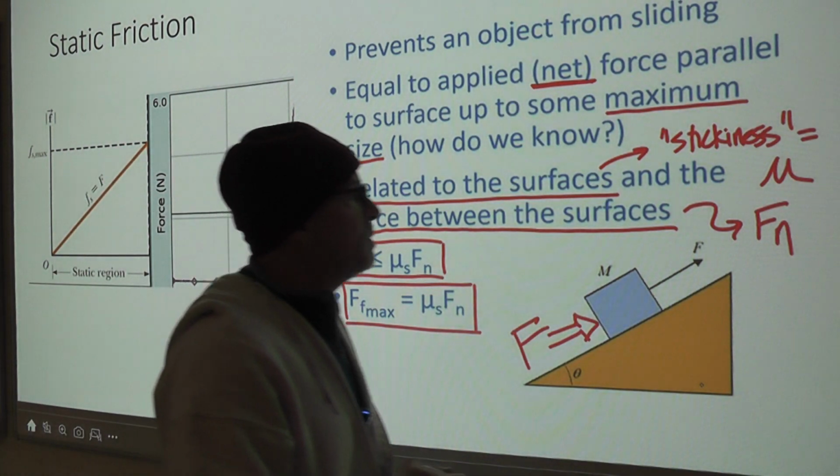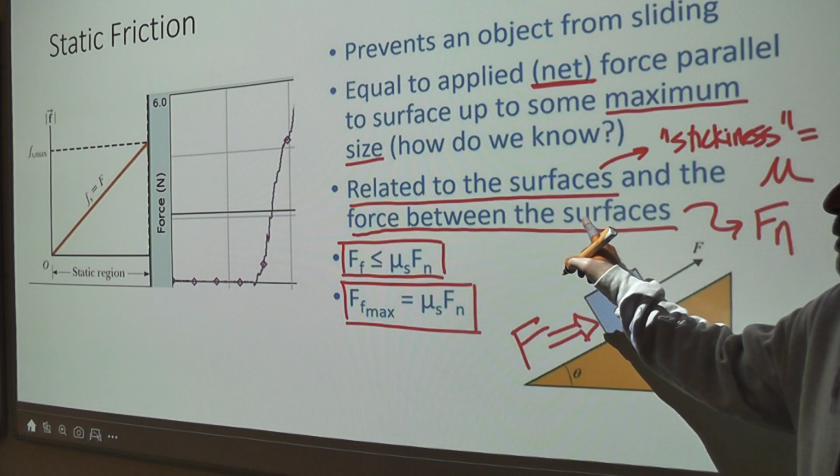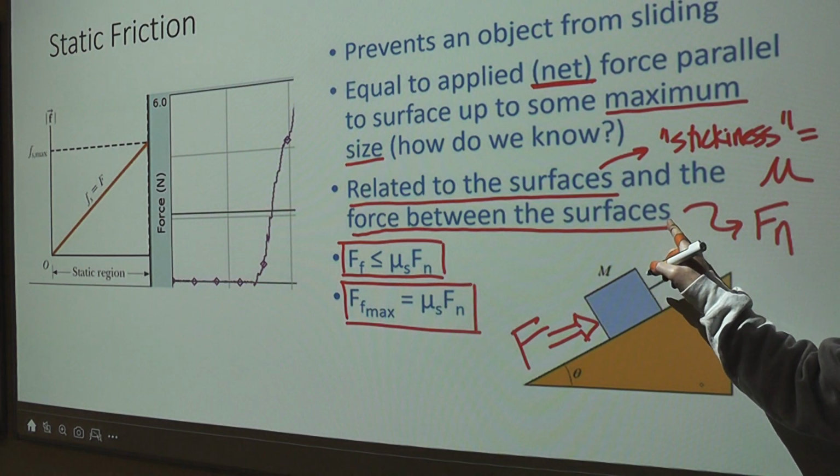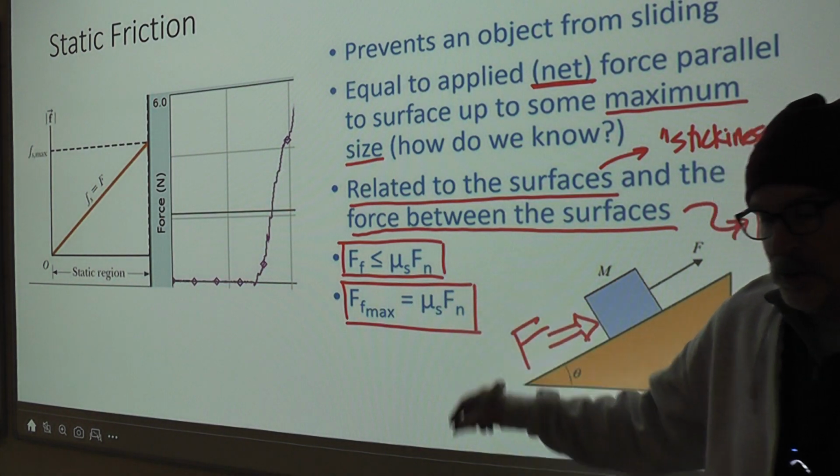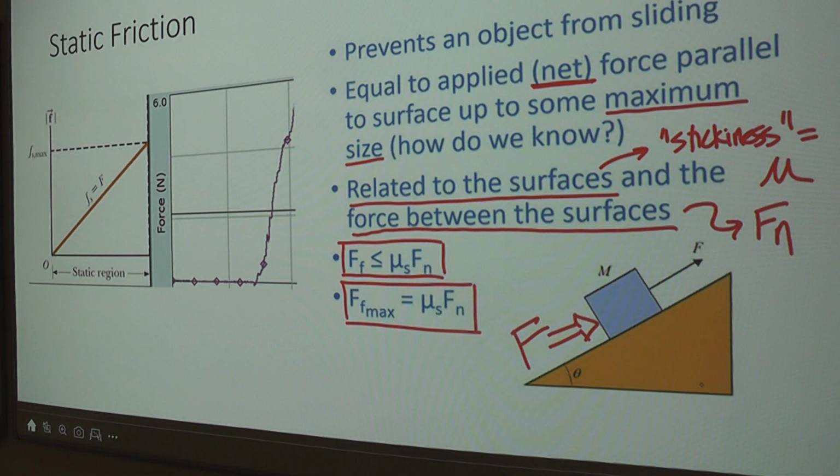If you think about this piece right here, we can decrease friction by decreasing the force between surfaces, which has to do with the normal force. Then I would argue that I should be able to decrease the amount of friction acting on this filing cabinet by pulling up on it, right? If I pull straight out, then the amount of friction acting on this at most is going to be equal to whatever the stickiness coefficient is times whatever the normal force is from the floor up onto this cabinet.